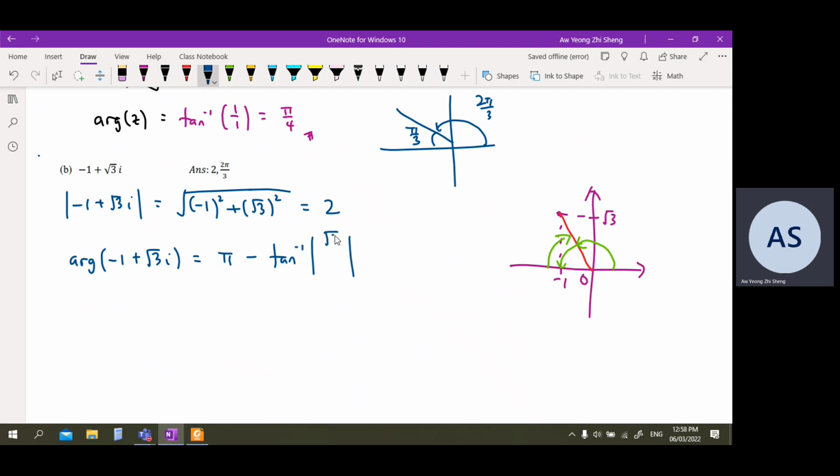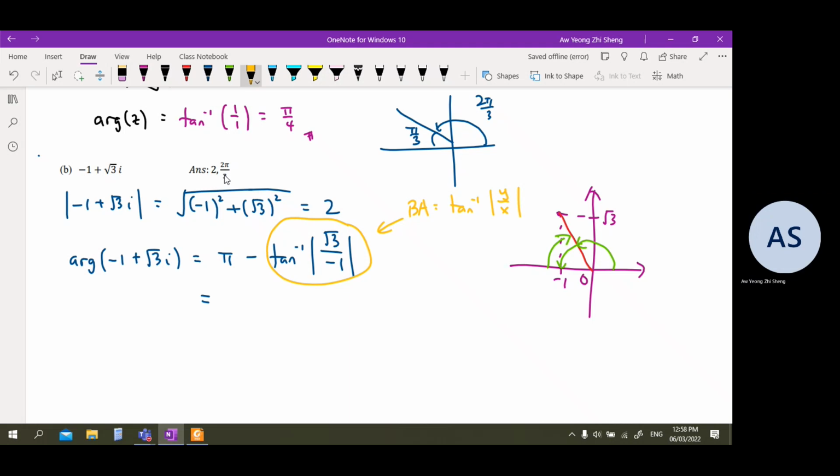So the answer will be pi minus the basic angle, which is the inverse tangent of modulus y over x. Your y is root 3, your x is minus 1. Here I'm using the formula that the basic angle is the inverse tangent of modulus y over x, where your x is minus 1 and your y is root 3.